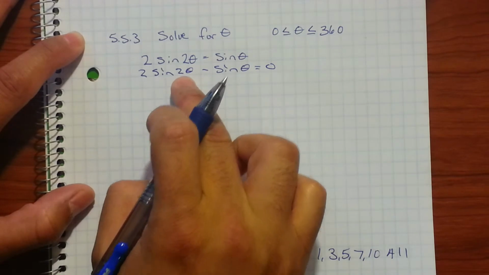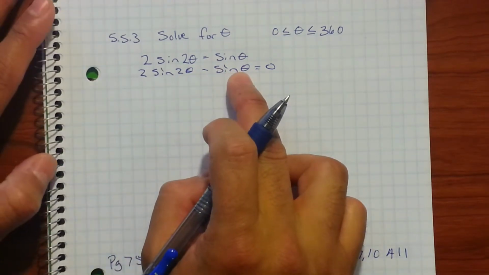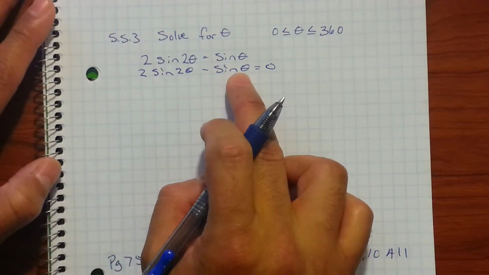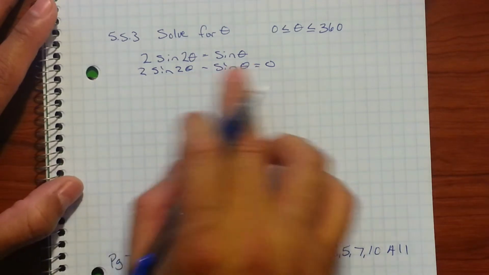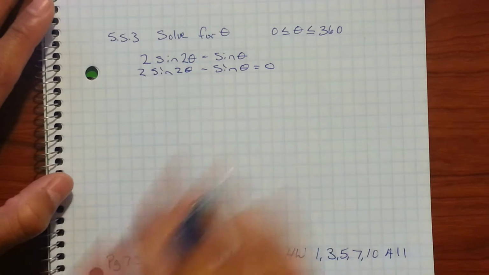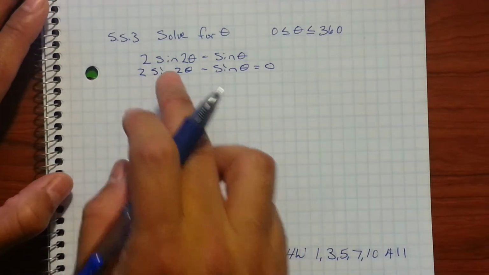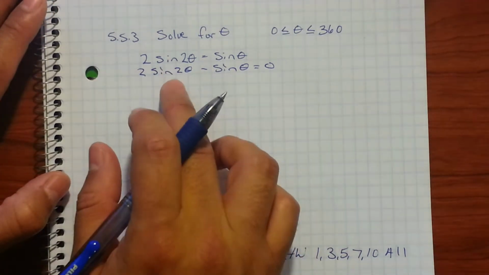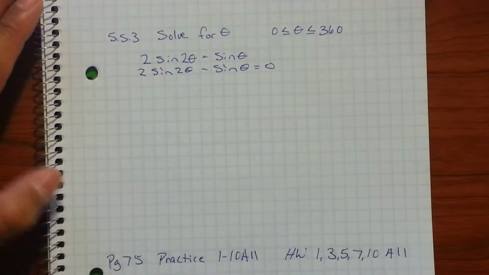Now I have a double angle and a single angle, so I need to try and get rid of this double angle so I could have all single angles here, because I can't work it out until I actually have all of the same thing. So I'm going to use the identity for the double angle to replace that sine 2 theta.